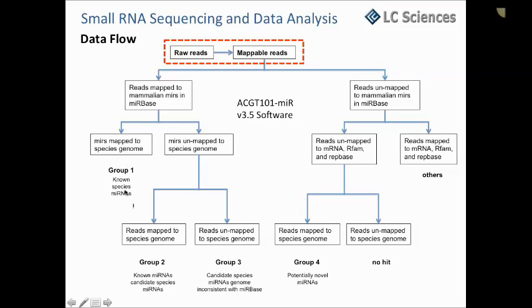Group 1 are the known microRNAs for the species. Then group 2, known candidate microRNAs for this particular species, and then all the way to, of course, no hits whatsoever, and group 4, of course, the most important one, potentially novel microRNAs.